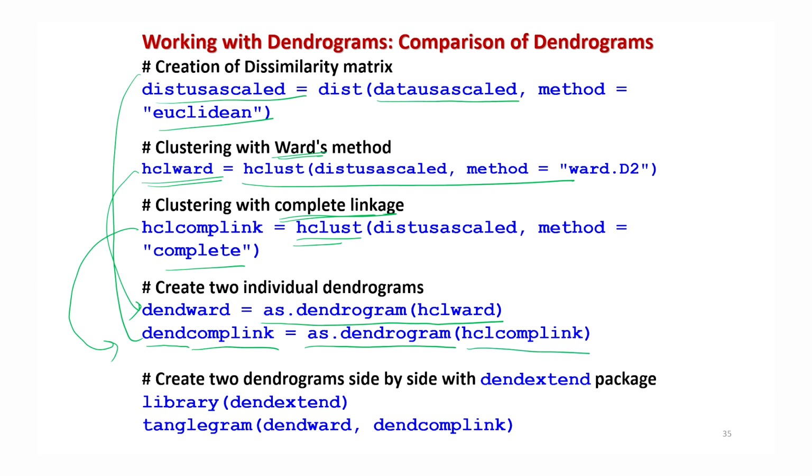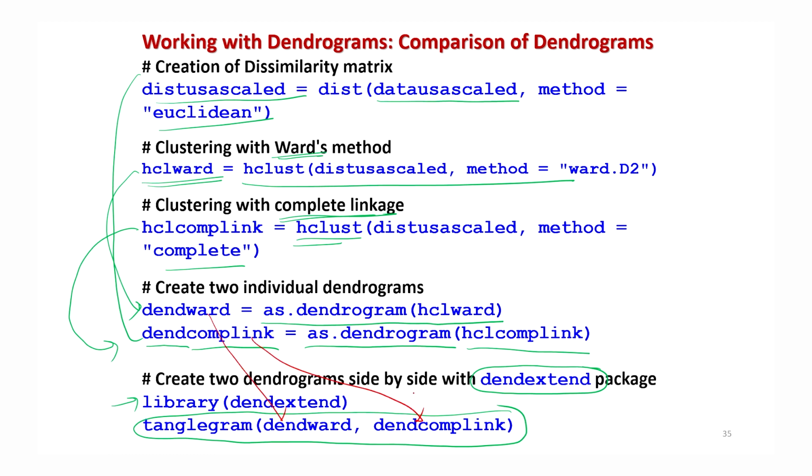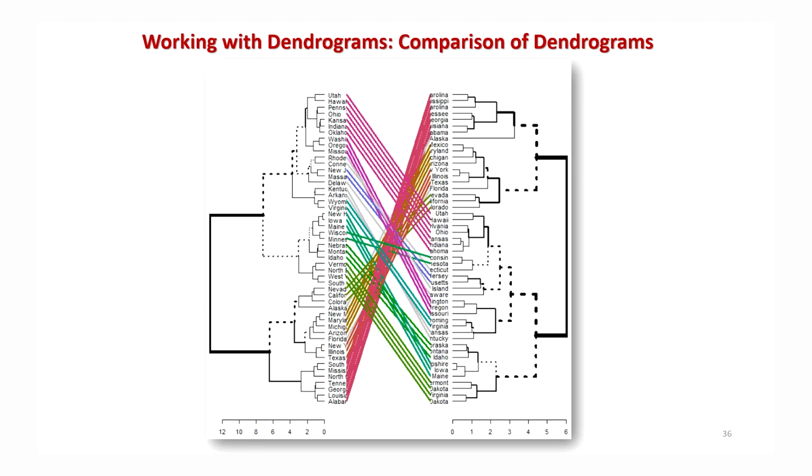Now I create the 2 dendrograms side by side, and for that I have to use the package dendextend. I already have installed it, so I use the library, and then I use the command tanglegram, and inside the parentheses I give both the dendrograms data which you want to plot side by side. And if you do it, it will look like this.